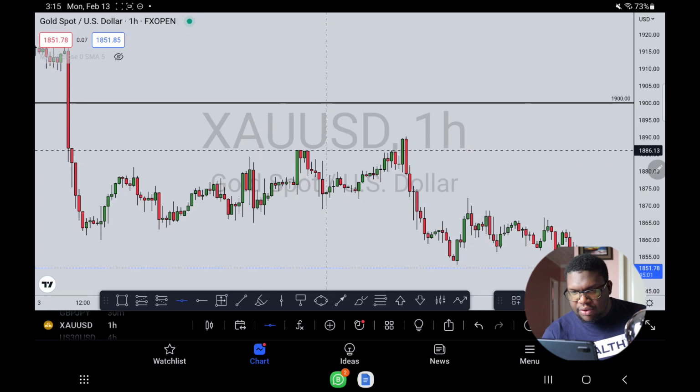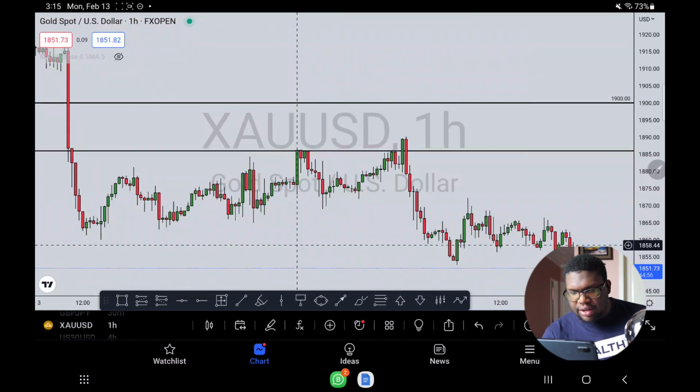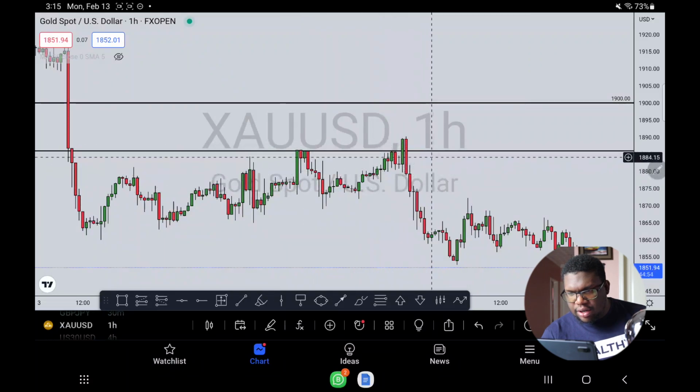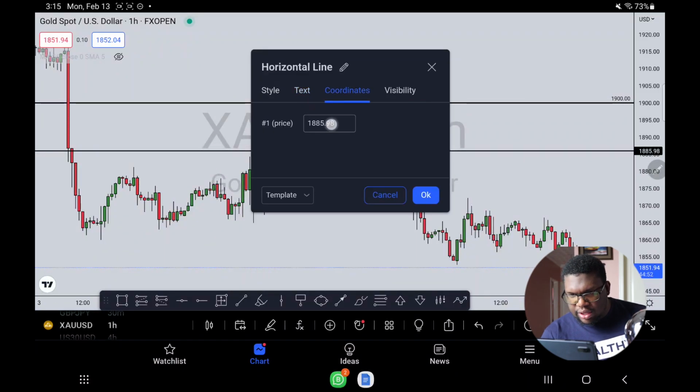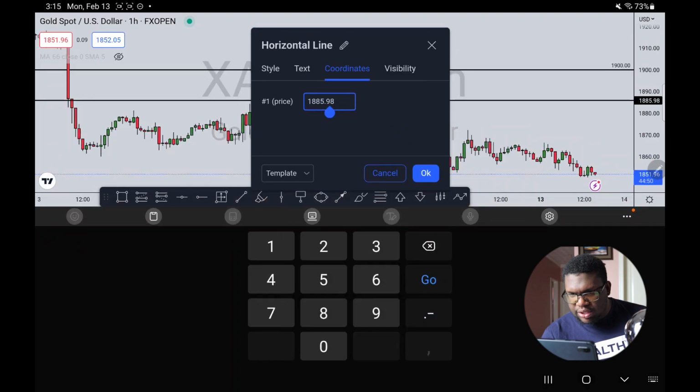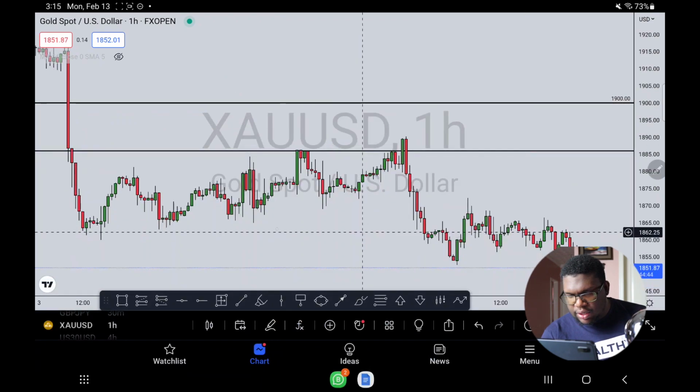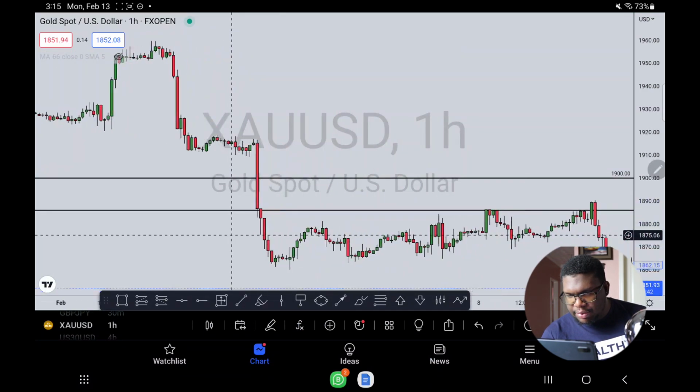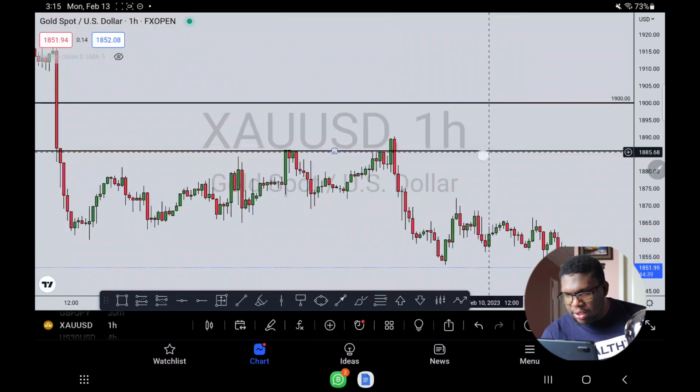So say I'm plotting a level right here, right? I'm plotting a level right there based on up here and there, right? I would just round it off to the whole number. So this one, just work with 6, right? And you see it? Perfect. That's how I would do it.